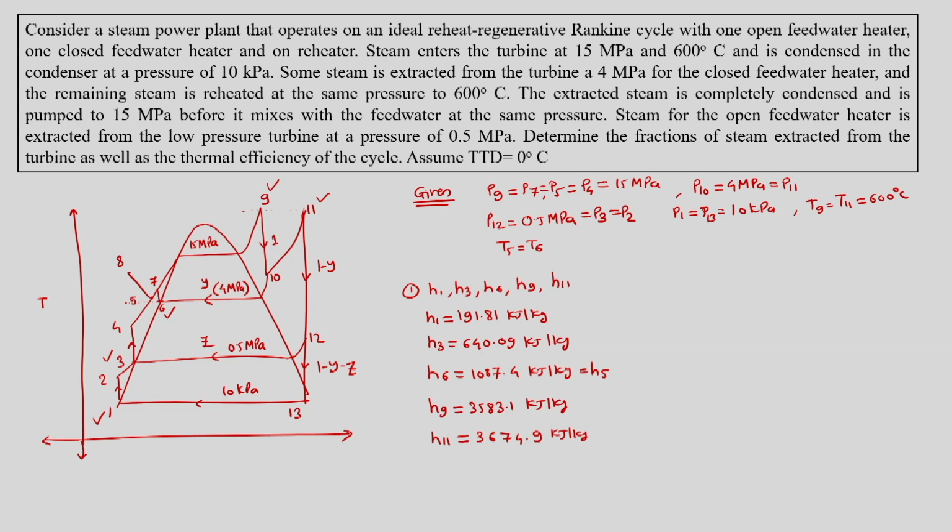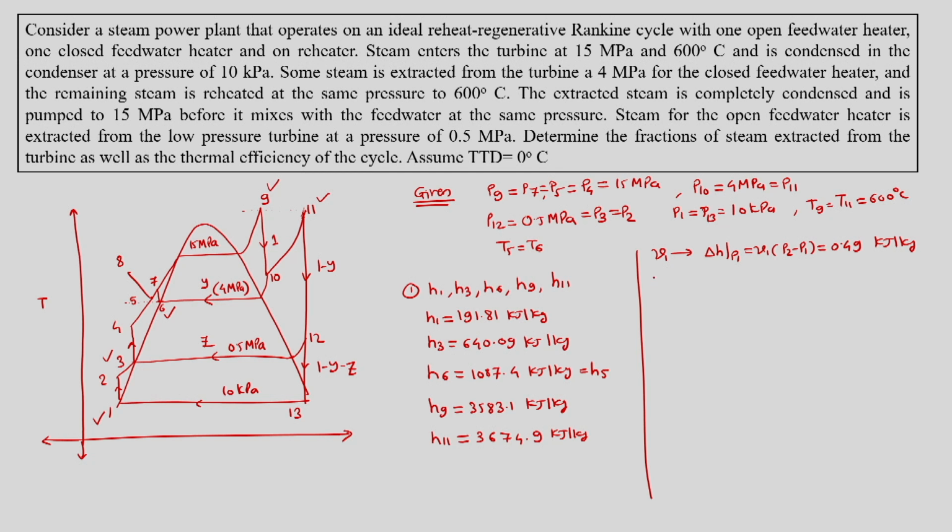This is one way to solve the example, where we can just make use of steam table, and then we can go ahead and monitor a few more things, where we will monitor new specific volume at state 1. This will be helpful for us to find out delta HP1, which is the change in enthalpy in pump 1, and that is nu 1 into P2 minus P1, and we get it as 0.49 kilojoule per kg.